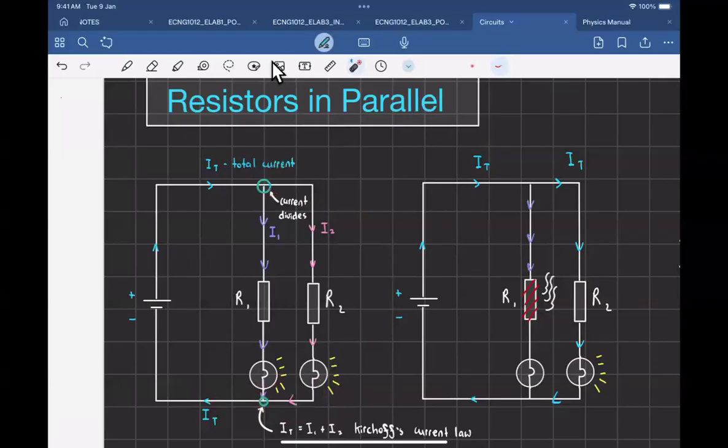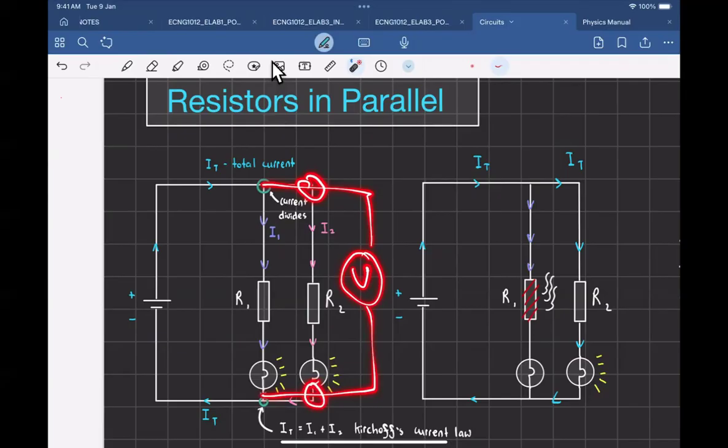Yeah, please. All right, Aliyah, when I hook up a voltmeter, I'm measuring the difference between 2 points. If I want to measure the voltage across R1, I hook it up like this. Could I hook it up like this as well? Isn't that also the same difference from that point to that point?